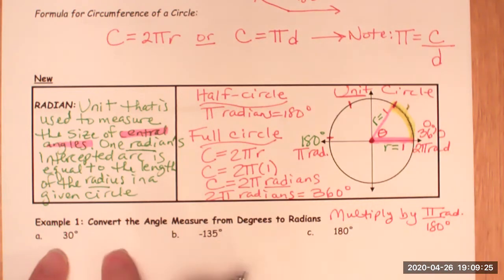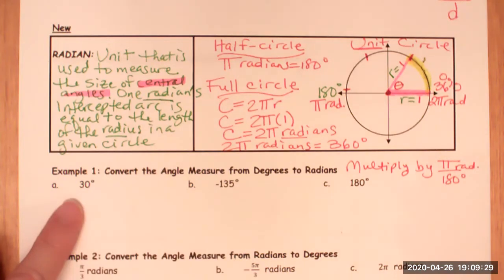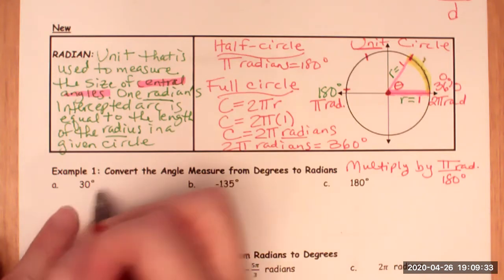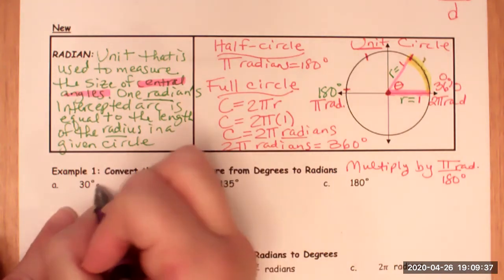So 30 degrees, very simple, to convert that to radians, multiply by pi over 180.